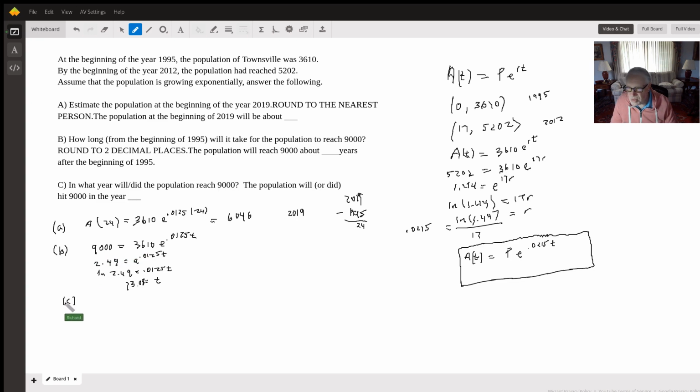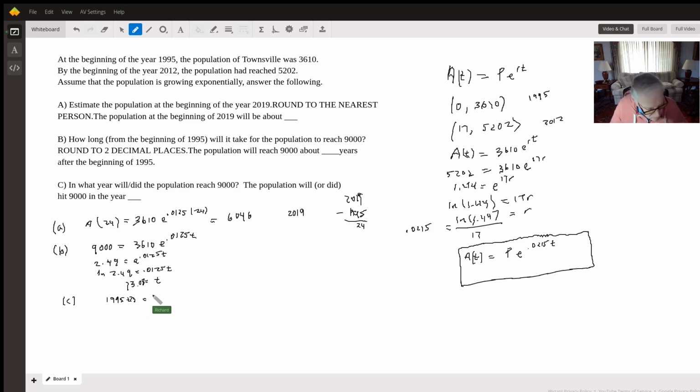And then part C, what year did the... oh, we are there, sorry. 2019, that's A. How long? Oh, C is just the population. It's just going to be 73. So it's 1995 plus 73 years later.